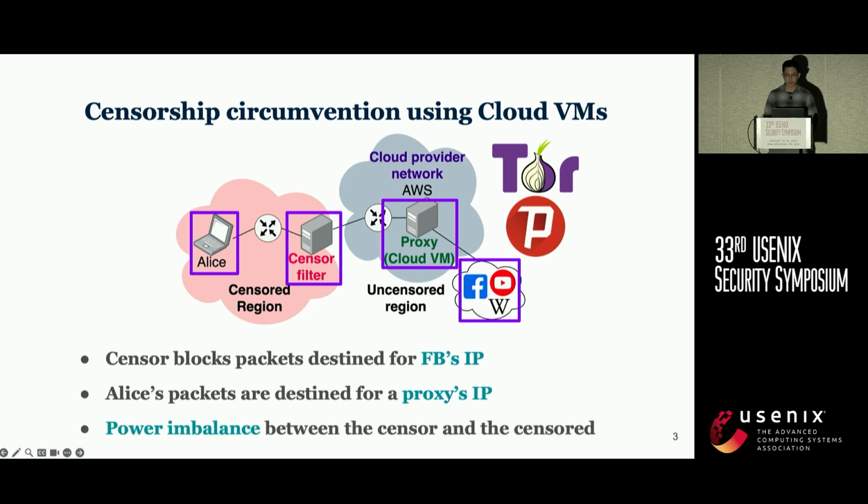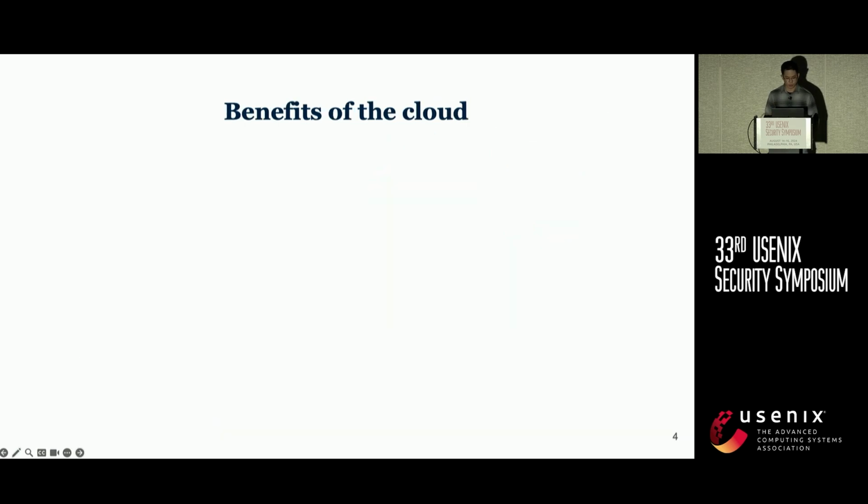And one thing to note is that there's a huge power imbalance between the censor and the censored, because the censor has near unlimited resources, and the censored has to rely typically on volunteers who are resource constrained. So why deploy things on the cloud, right? On one hand, it appears to be a very natural choice, given the impact it has had on different kinds of workloads and services, not just for proxies.